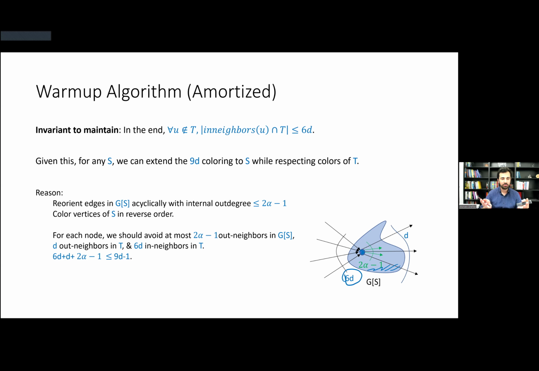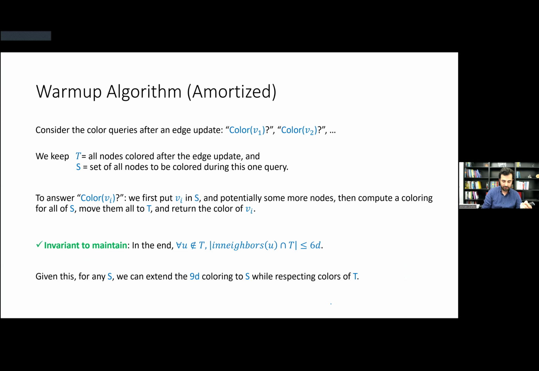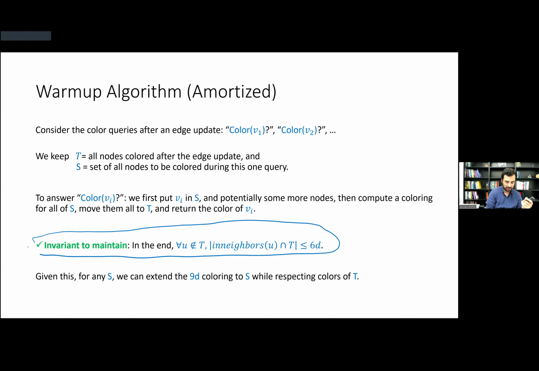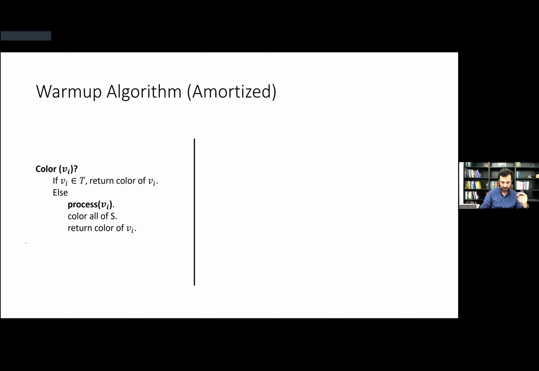Therefore, the total number of colored neighbors whose colors we need to avoid is small. It's a little bit less than 9 times D, and we can find the color for this one vertex and go to the next vertex and so on and so forth. So we can color any set S of vertices if we are able to maintain this invariant, that the number of in neighbors that are colored, for vertices that are not colored themselves, should not be too large.